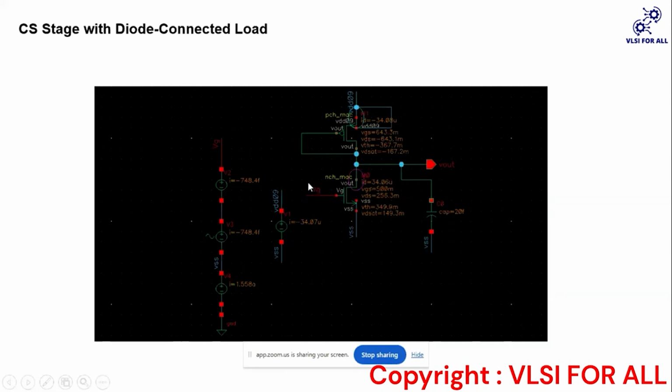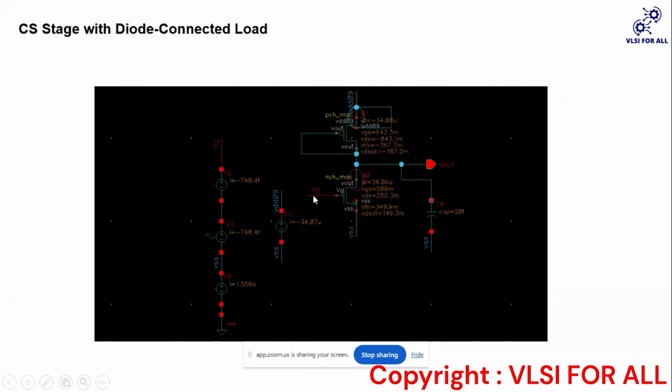So here we are applying a small signal voltage, that is Vin. We can see here the AC voltage. So if we look at the resistance looking upside, from here upside, we will find the resistance here to be 1 by gm, right? Since its drain and gate are connected, the impedance looking into the drain of the upper transistor will be 1 by gm.